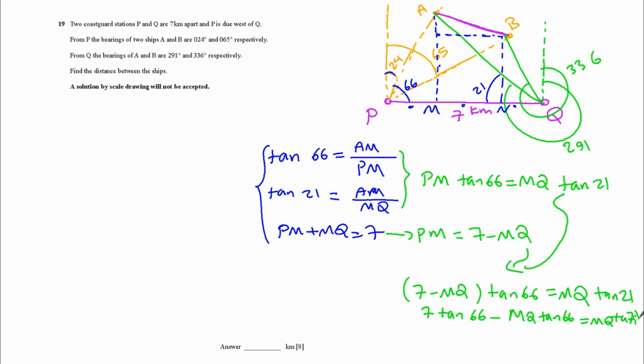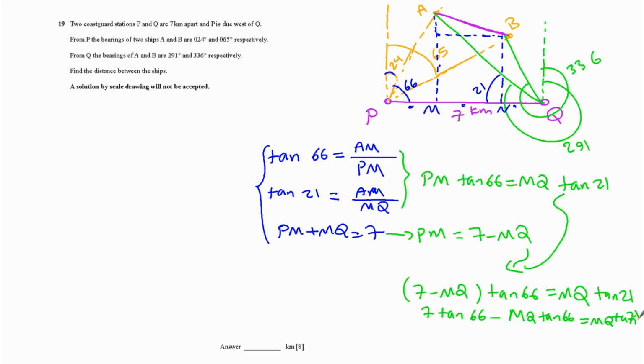So if I divide this, the value for MQ that I get is 5.98. So MQ is 5.98.